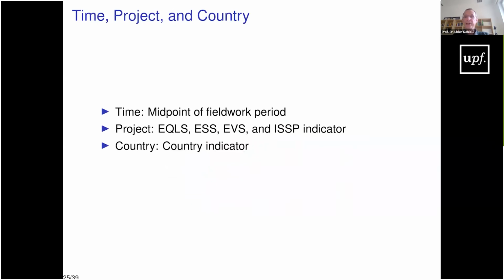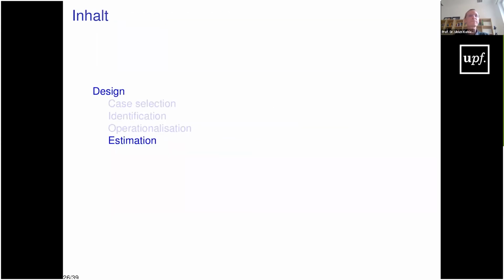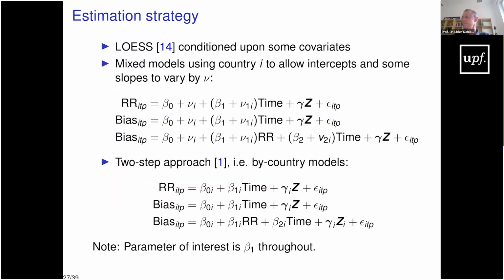We have a measure of time, which is the midpoint of the fieldwork period. We have dummy variables for the projects, and we have dummy variables for the countries. And finally, the estimation. For the estimation strategy, we use non-parametric regression analysis conditioned upon some covariates. That's this LOWESS here, the locally weighted scatterplot smoother.